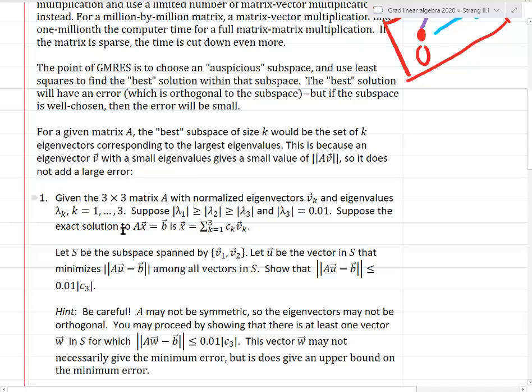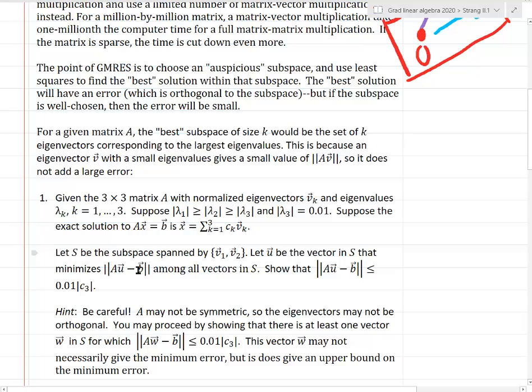Okay, now let S be the subspace spanned by v1, v2. Those are the first 2 eigenvectors, and these have eigenvalues larger than 0.01. Show that, okay, let u be the vector in S. S is this subspace spanned by 2 vectors, so it's a linear combination of these 2 vectors. Now I want to find this vector that minimizes the norm of this difference, Au minus b.